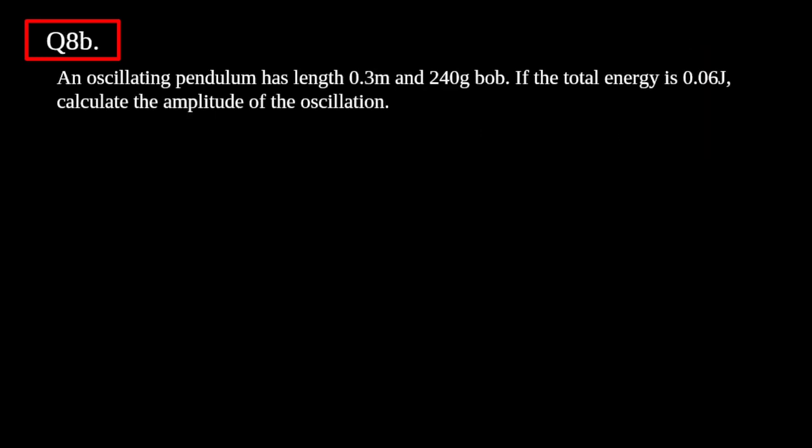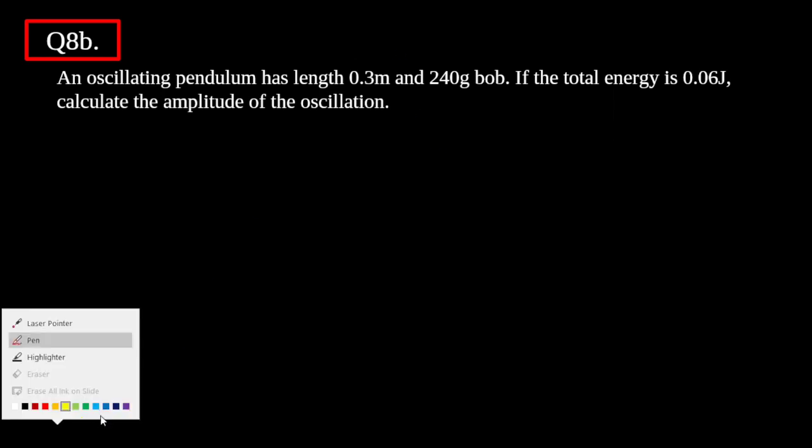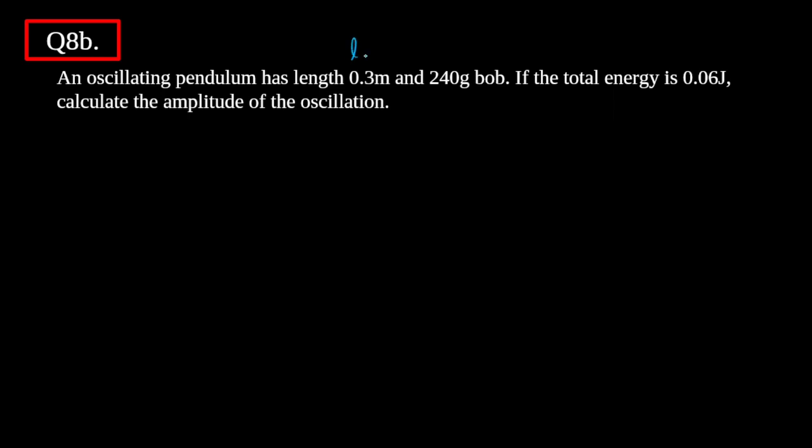Okay, so here's the question for 8b. We have an oscillating pendulum with a length of 0.3, so let me label that right now: L equals 0.3. And then I have the mass of the bob to be 0.24 kilograms.